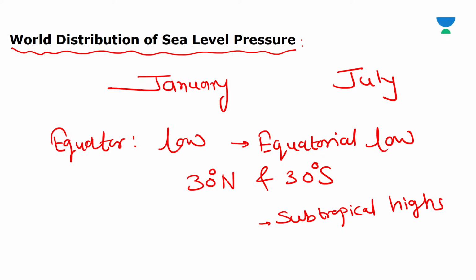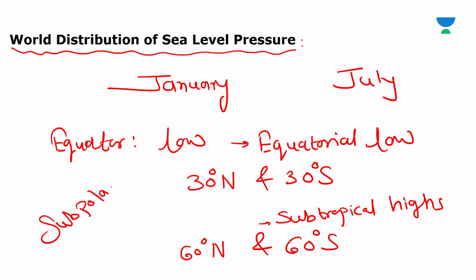Now, further polewards along 60 degrees north and 60 degrees south, the low pressure belts are termed as subpolar lows.